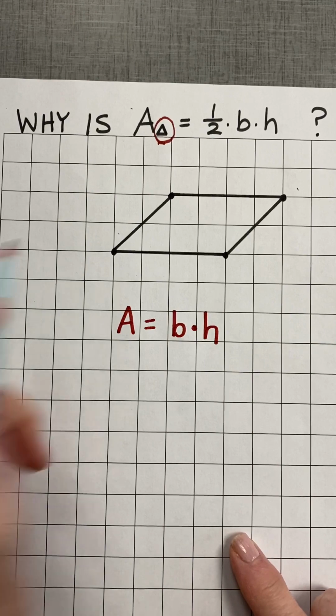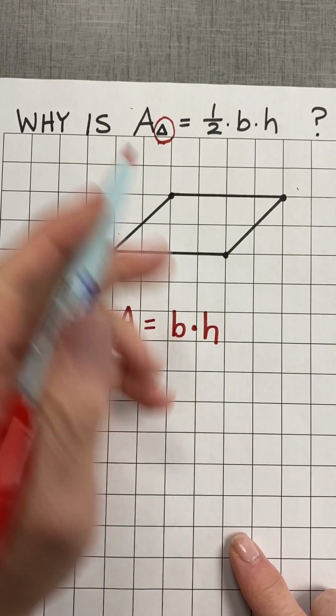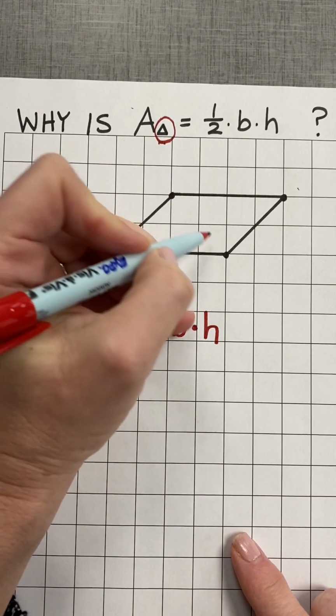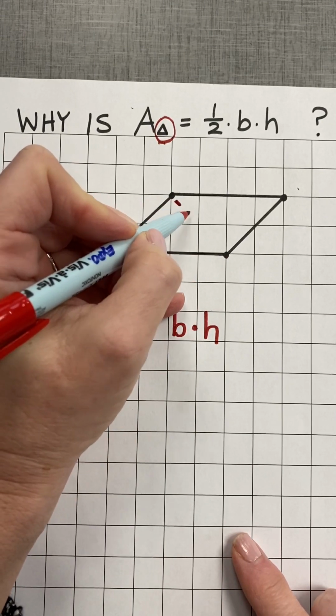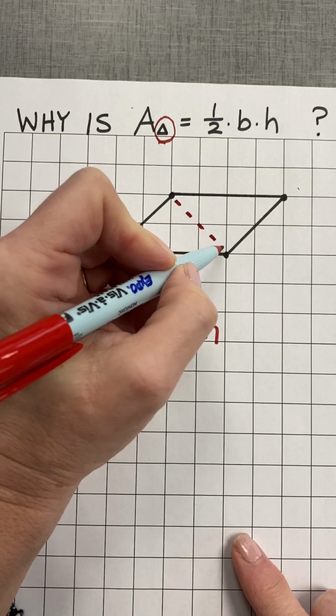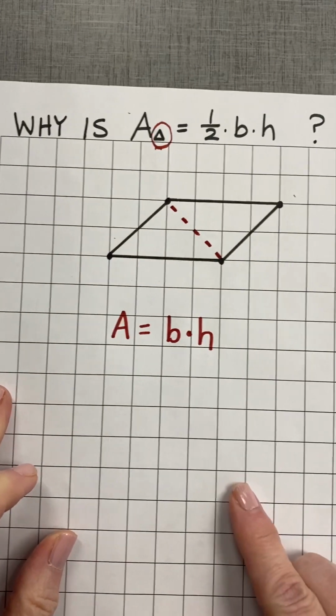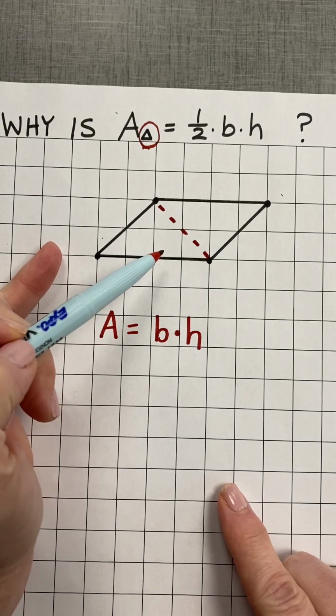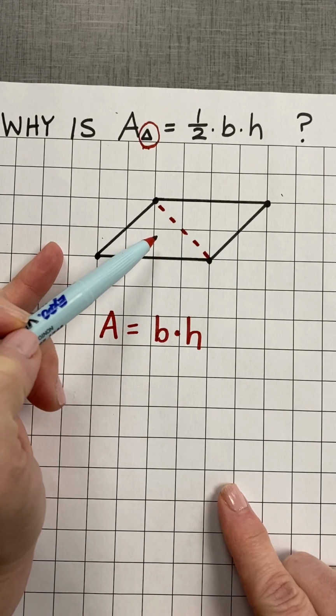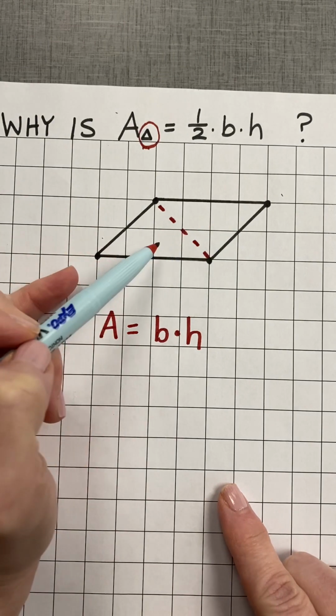Well, guess what? If you take a parallelogram and you draw a line segment connecting these 2 points on the diagonal, you just formed yourself 2 congruent triangles. Okay, so the area here is going to equal the area on this side. They're exactly the same.